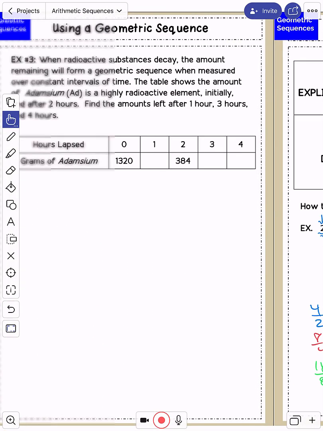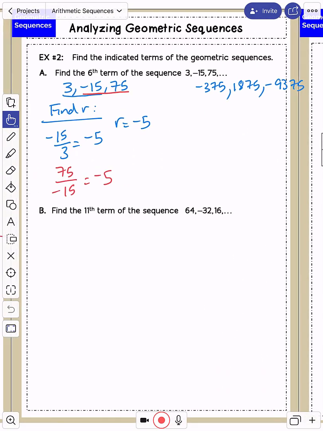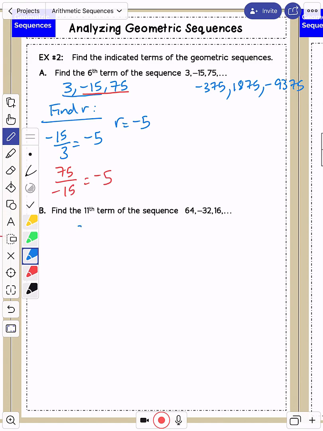All right, so let's go back to our question. So now we want to find the 11th term. So if you remember, a sub n is equal to a1 times r raised to the n minus 1. So since we know a1, we just need to find r.